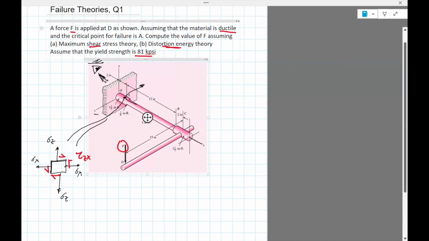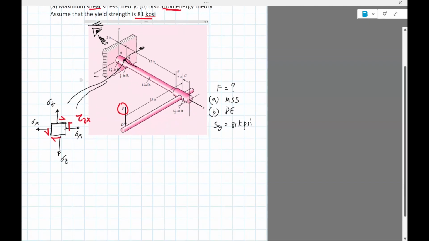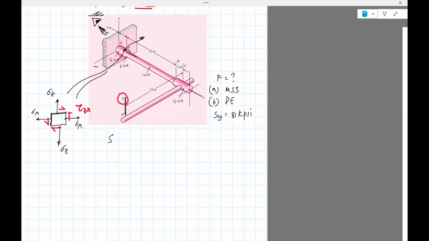Yeah, so what's asked? We are asked to compute F using A, MSS, B, DE, and we're given the yield strength as 81 kpsi. Okay, so one way of doing this is what we'll do.